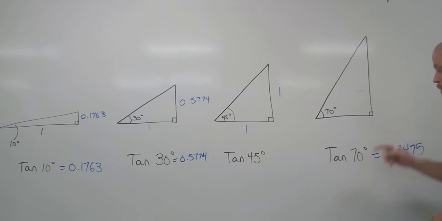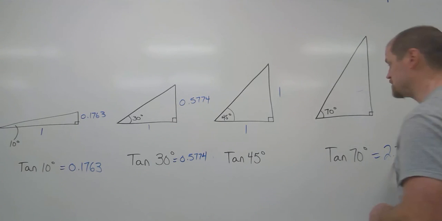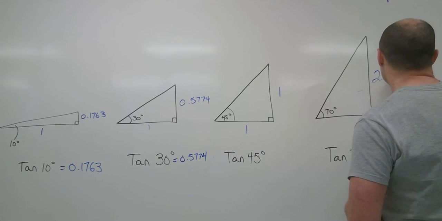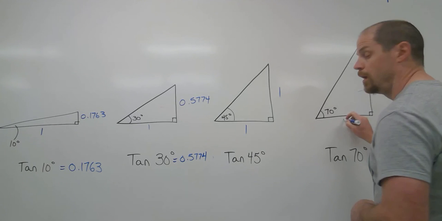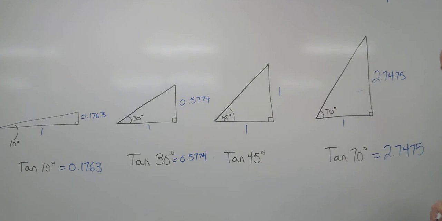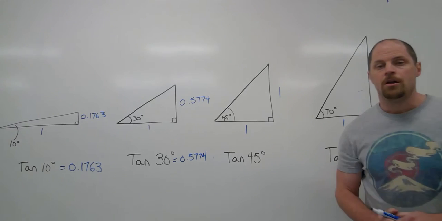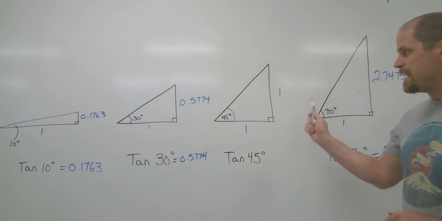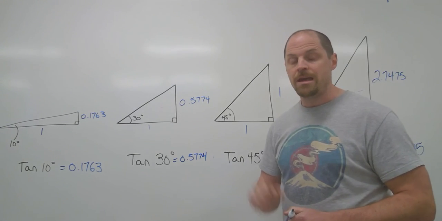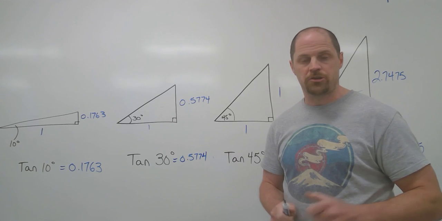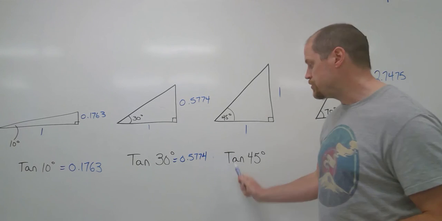So we can see, obviously, this is much longer. It is 2.7 times bigger. And the adjacent is always 1. So I want you to try that on your own calculator. Make sure you're getting the same answers that I'm getting. If not, check the degree mode. Make sure you're in degrees, and make sure you're using the tan button correctly.